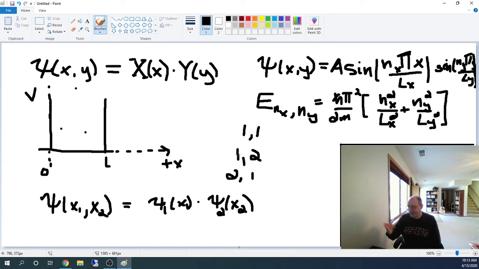One is n sub x equals 1 and n sub y equals 2, and the other is n sub x equals 2 and n sub y equals 1. Notice that they have different wave functions associated with them.